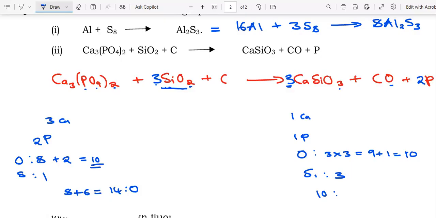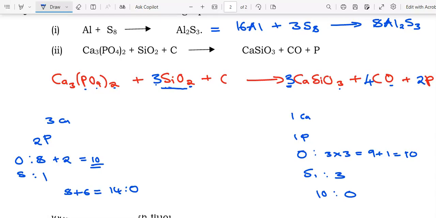So to balance this 4, we are going to add 4 atoms of oxygen to the right hand side. Actually we had 5.